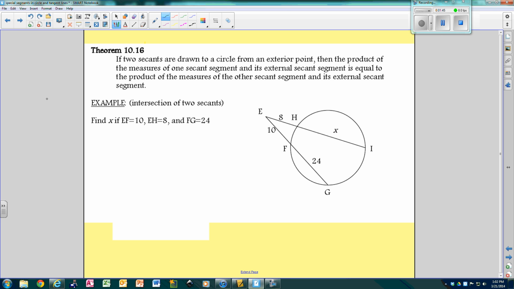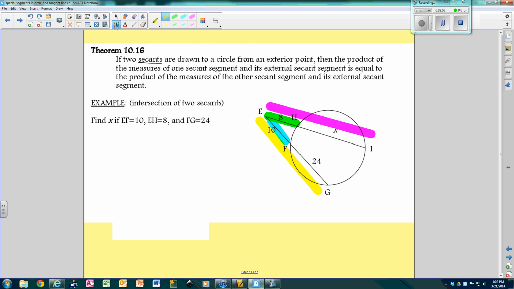Okay, the second one is when you have two secants. Okay, so there's kind of a rule, and when you have two secants is you take the outside times the whole side equals the outside times the whole side. So you're going to have 4 pieces.